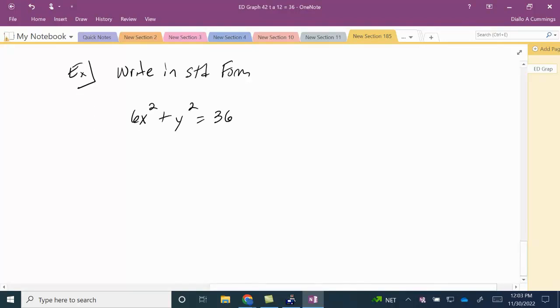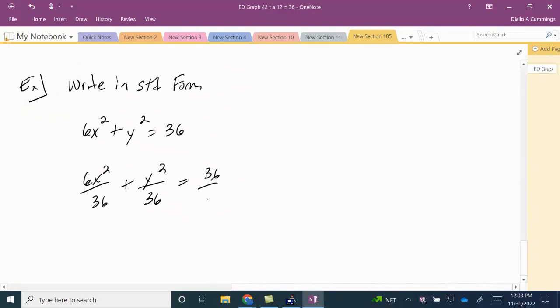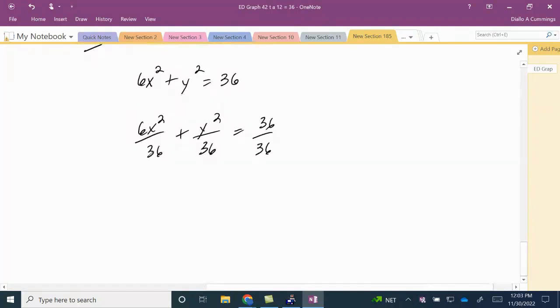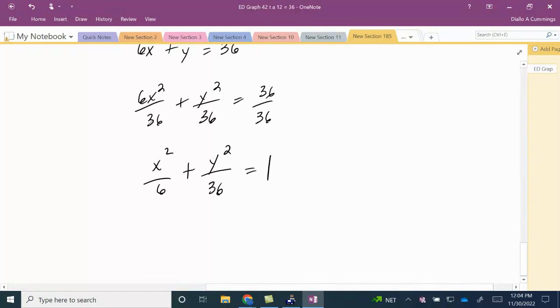I'm going to divide both sides by 36. If we reduce, we have x² over 6 plus y² over 36 is equal to 1.